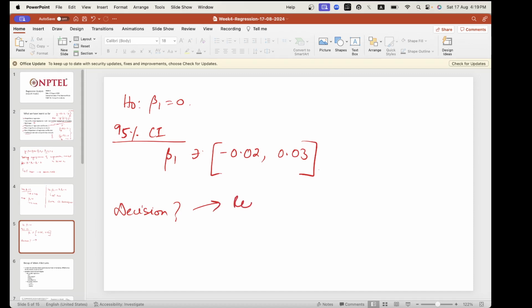Would it be to reject H naught, or rather do not reject H naught? So what should be the decision if such a scenario is given?